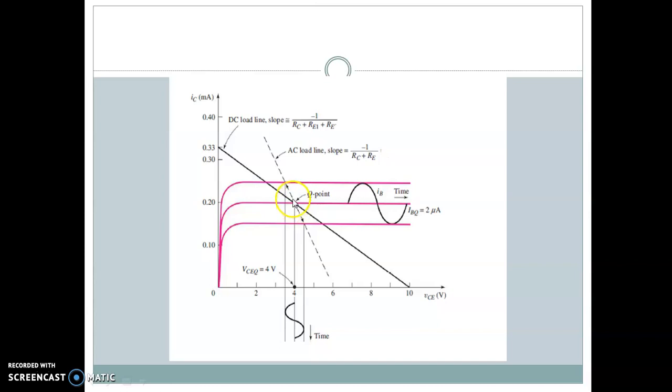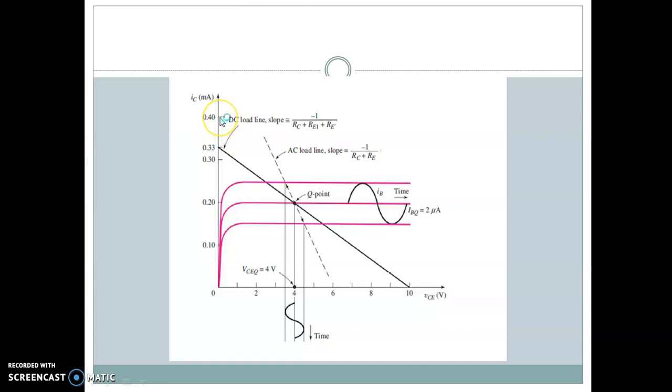So this is now the operating point which has been fixed. Now our aim is to find out what is the maximum symmetrical swing you can get as your output signal.